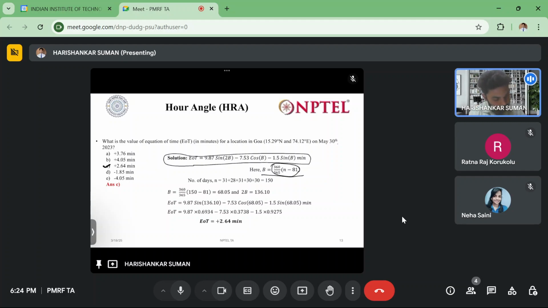Put this angle here. Calculate the number of days; n is given as 150. Put in 150 and you can calculate B and 2B. Then put B and 2B into the equation of time and you will get the answer.